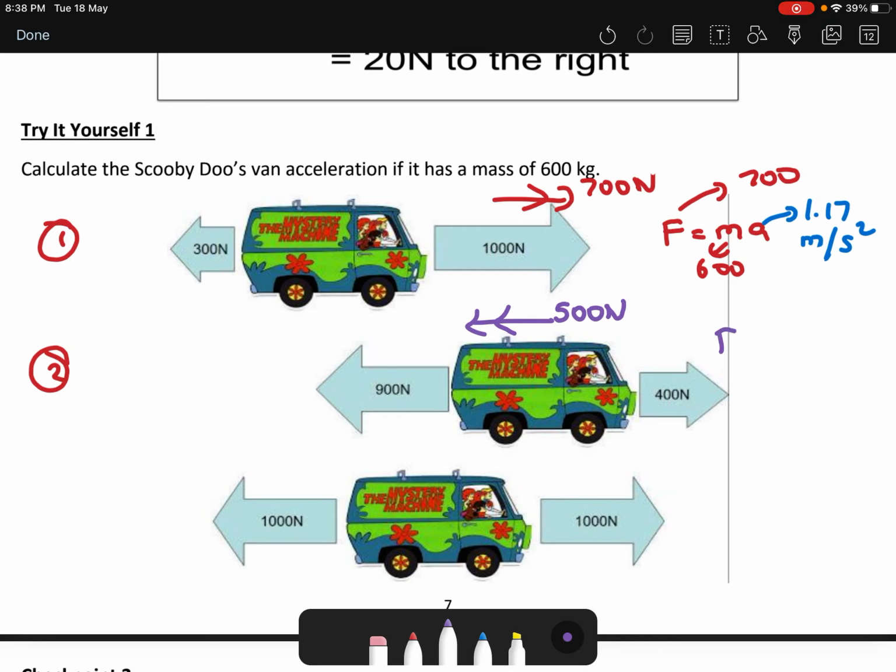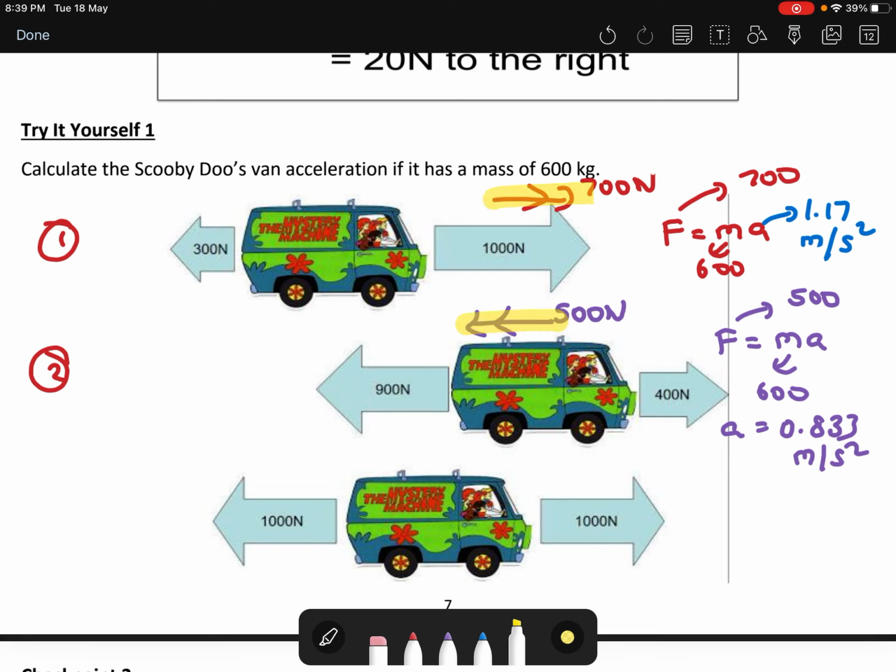F equal to MA, so F is about 500, your M is about 600, so your acceleration is 500 over 600, about 0.833 meter per second square. The direction of your acceleration must be the same as the direction of your resultant force. Just take note of that.